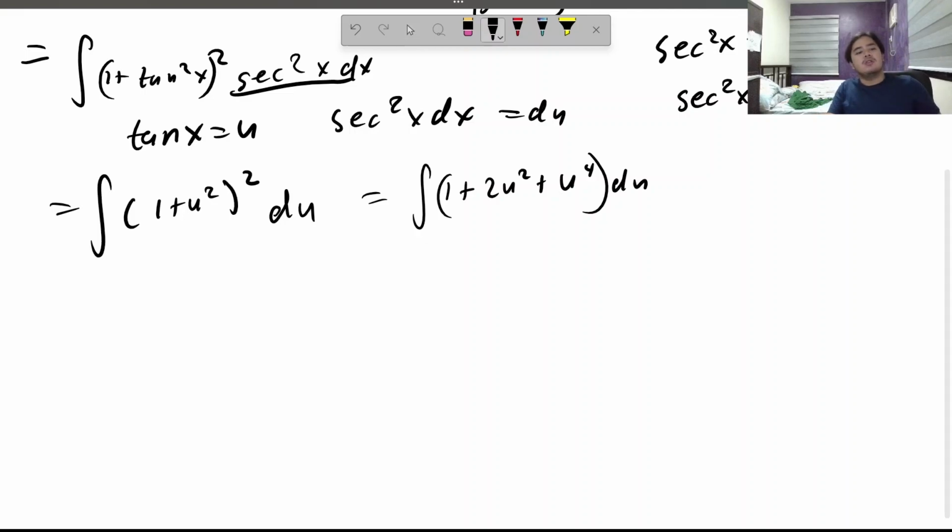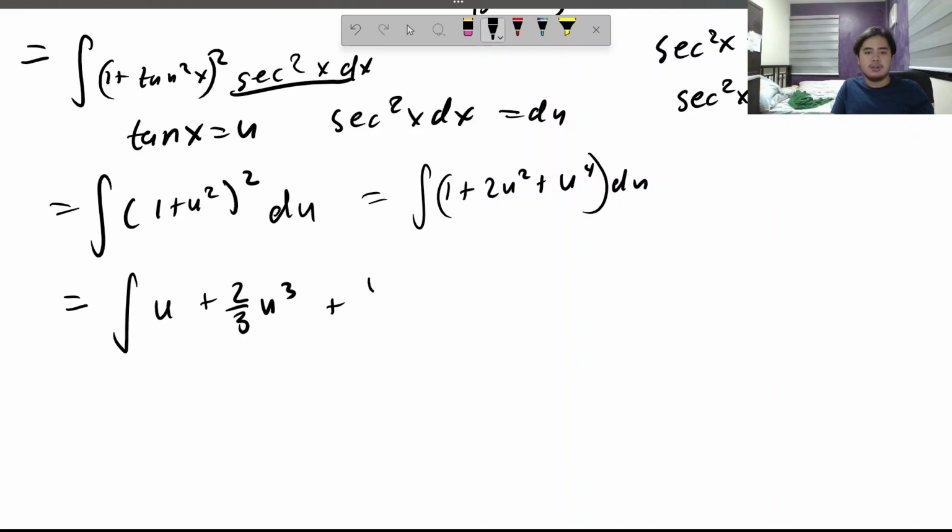Alright. From here, we can just integrate this. It's just the normal power rule stuff. u plus 2 over 3 u cubed plus u to the 5 over 5. Normal power rule stuff. No, not du. We can omit that actually. Why did I put that?